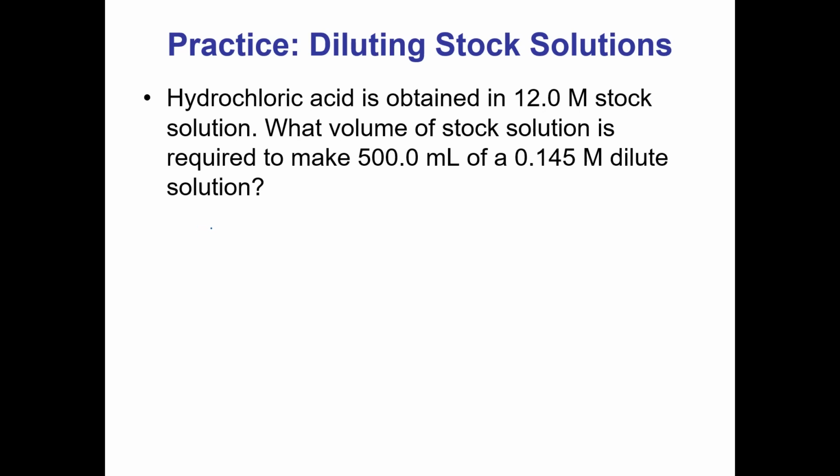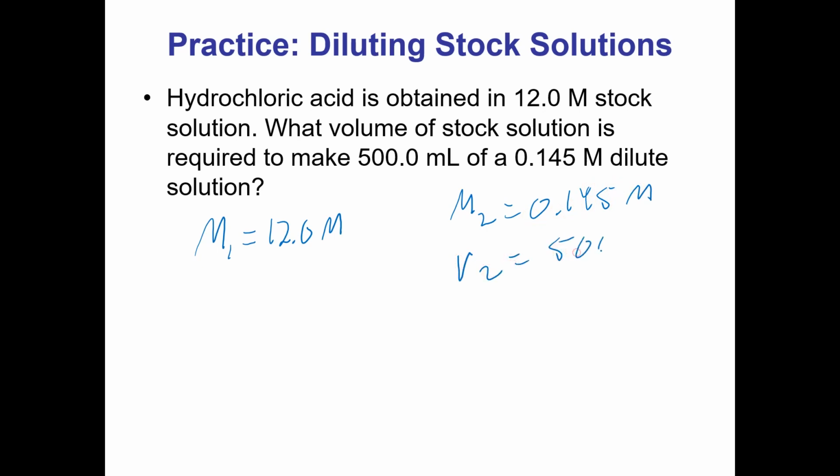So we're going to use our dilution formula, and our original concentration is 12 molar. And we want to dilute this to 0.145 molar, and we want 500 milliliters of that.